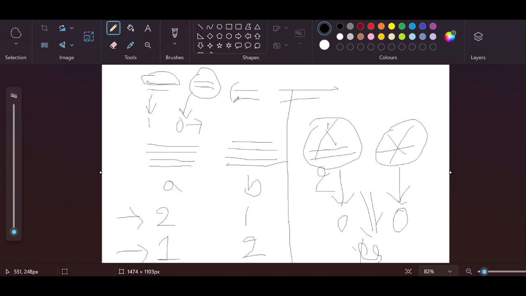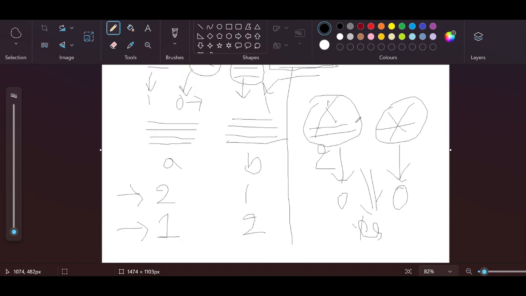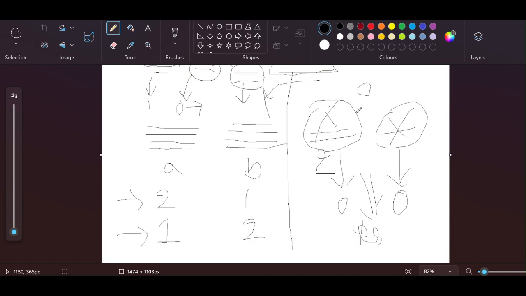If we remove two coins from pile A, we have to remove only one coin from pile B, right? Now pile A contains 0 coins, but pile B contains one coin, which we can't remove, so we cannot achieve our result. So we have to print no for this type of case.